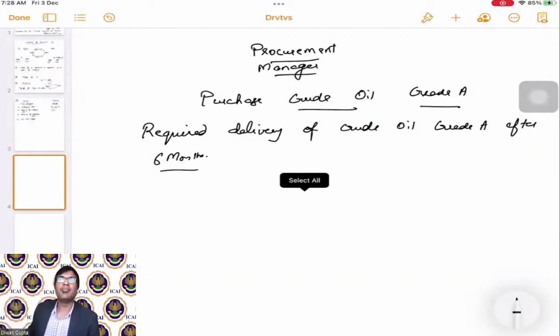Now, how can I protect the company's profitability, right? Because today I know that the price is rupees 100, for example.